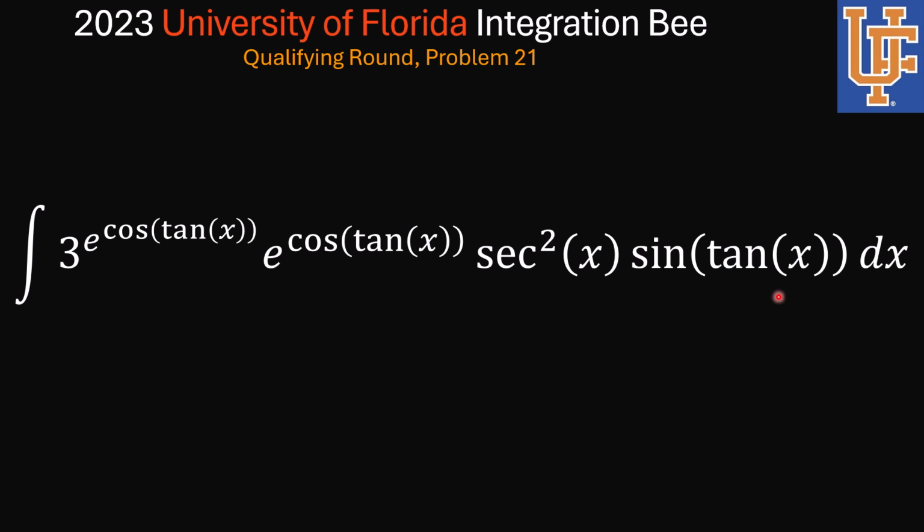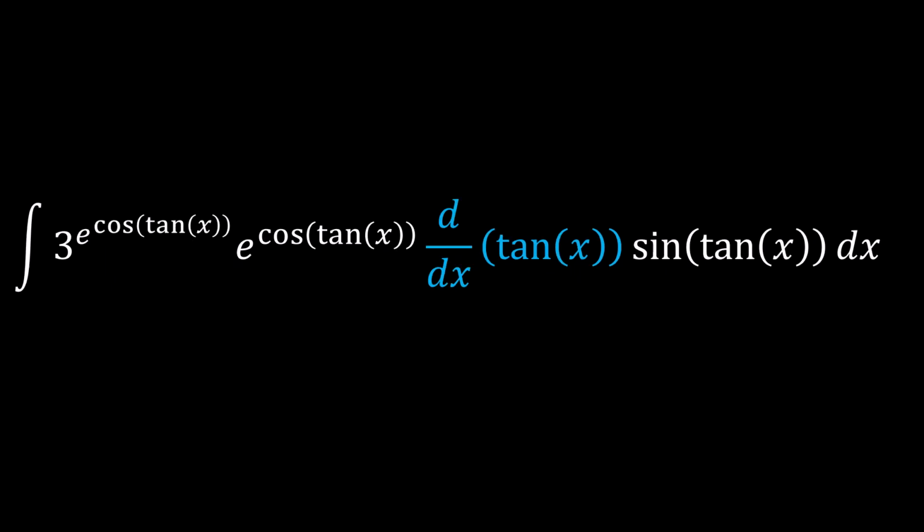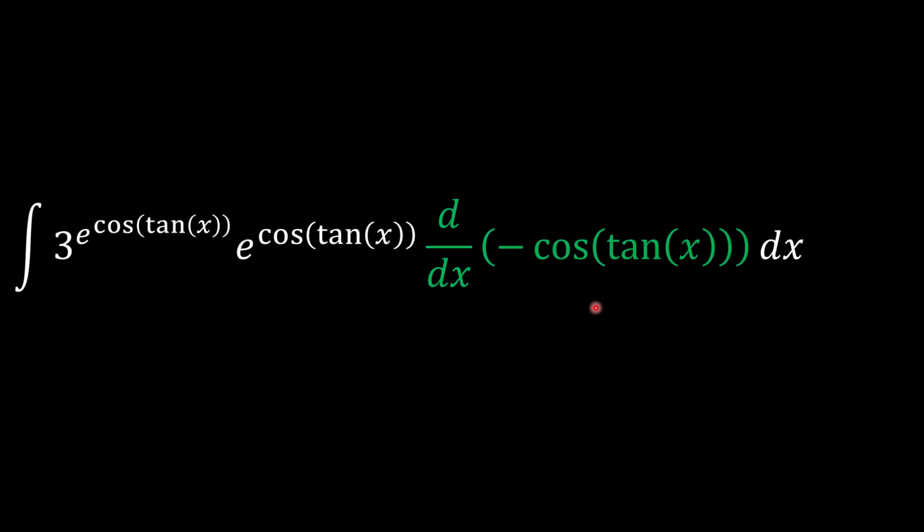So the first instance is to highlight the secant squared of x. This is the derivative of tangent of x. And then we can also look at the sine of tangent of x in combination with this derivative. What that essentially is, is the derivative of the negative of cosine of the tangent of x.